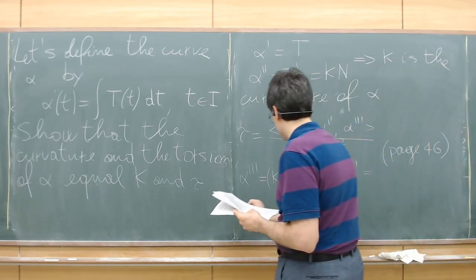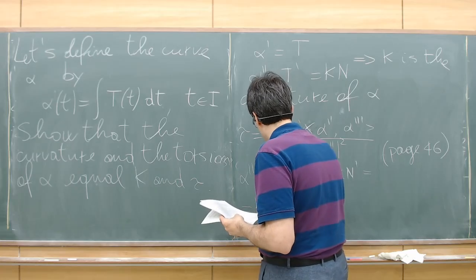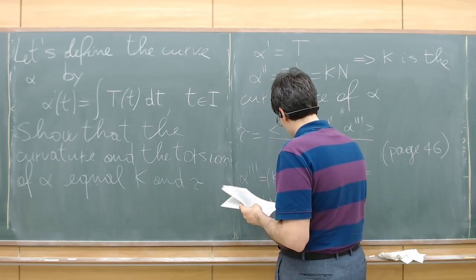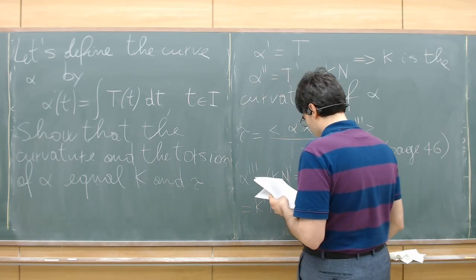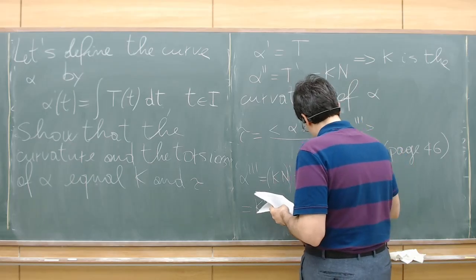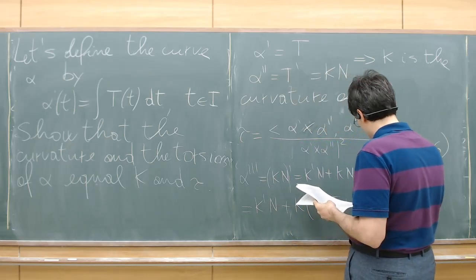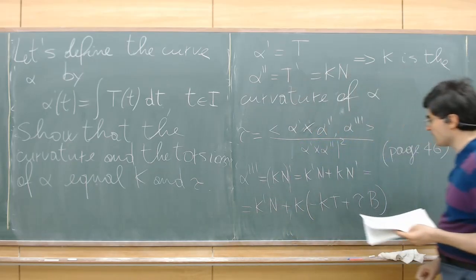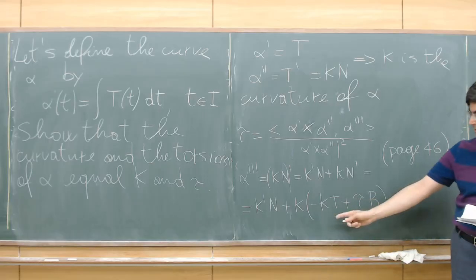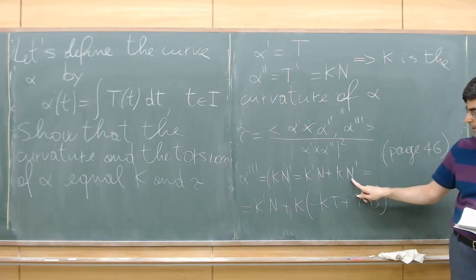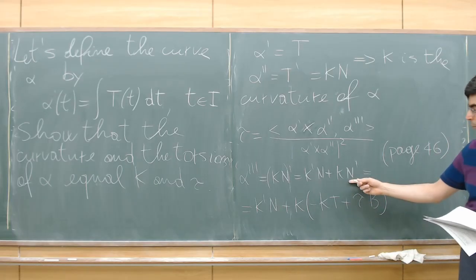So this is k prime N plus k times (minus kT plus tau B), where I'm using the Frenet equations for the formula for N prime.